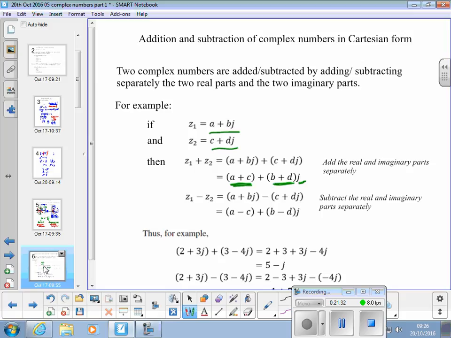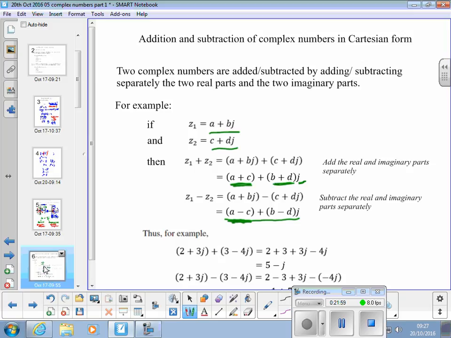I said the examples with numbers at the bottom probably help better than anything. Subtraction. The two subtracted is the second real part subtracted from the first, plus the second imaginary part subtracted from the first, again times J.